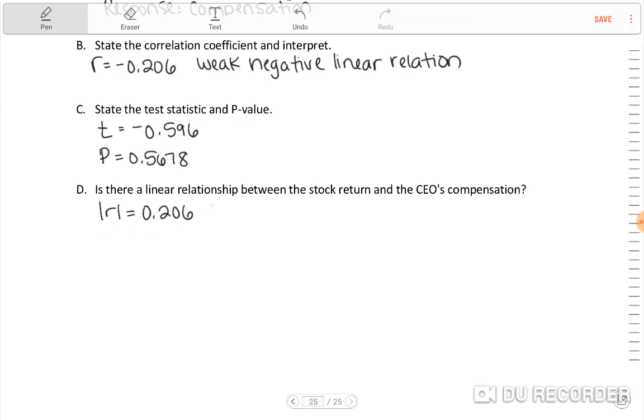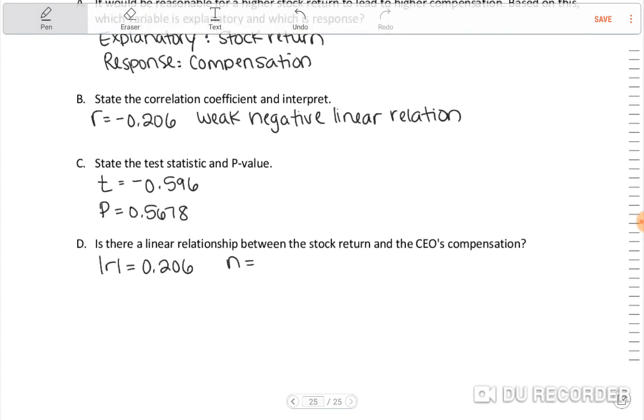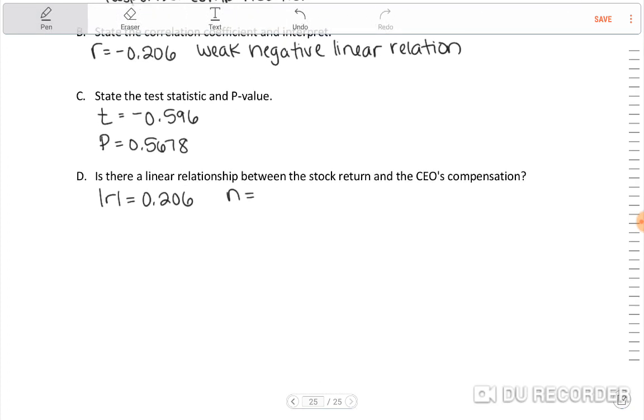And then the critical value, right? So N equals, what is our N? 1, 2, 3, 4, 5, 6, 7, 8, 9, 10. Our N is 10. Okay, and so our critical value is going to be 0.632.